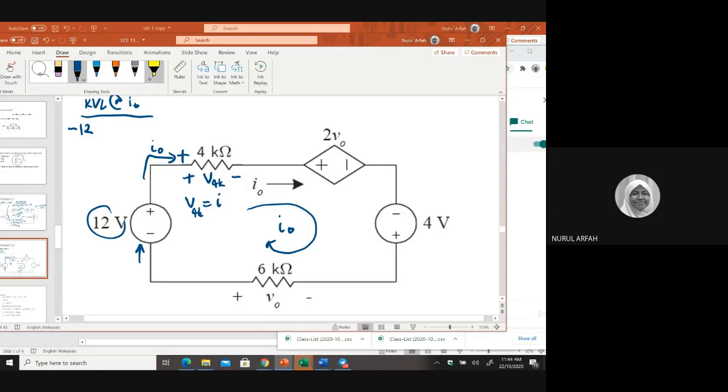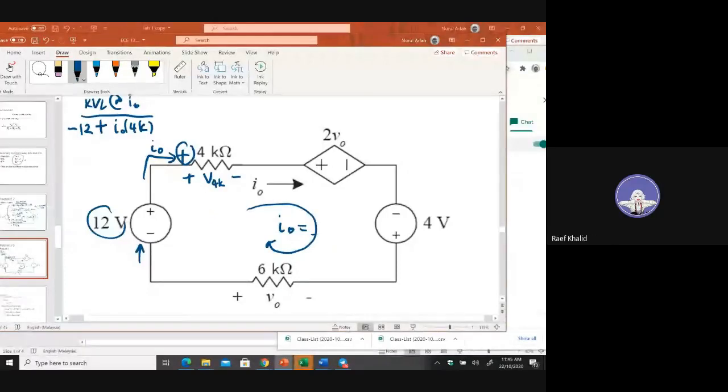So you have I naught and 4K. But do you know I naught equal to something? No, right? You didn't know. So you need to use that equation. Since this is a plus, you write down a plus sign here, and then this is I naught with 4K. So far so good.